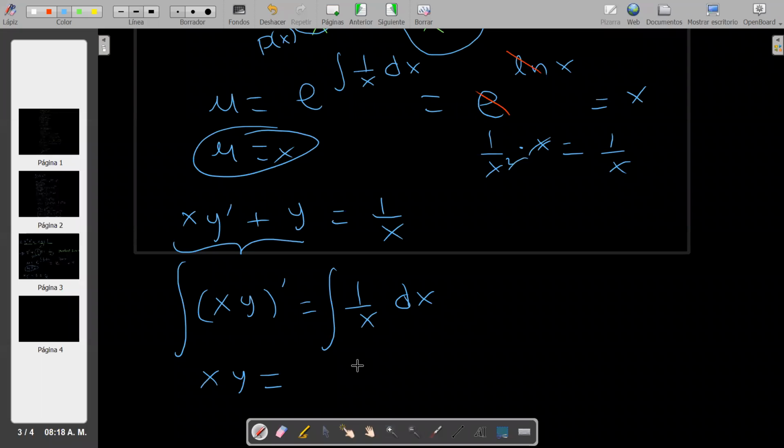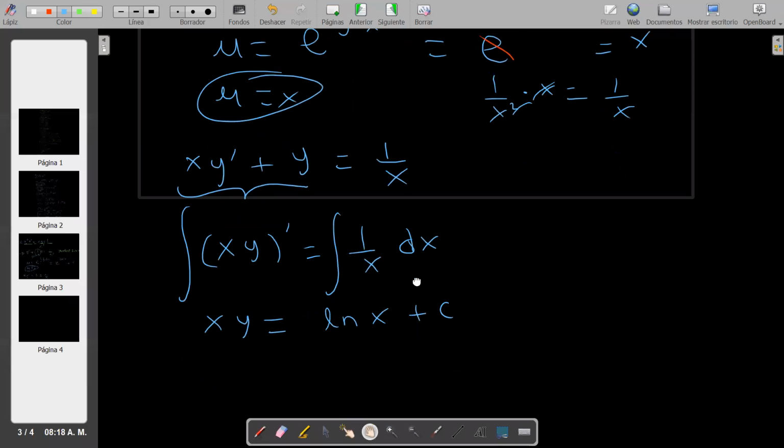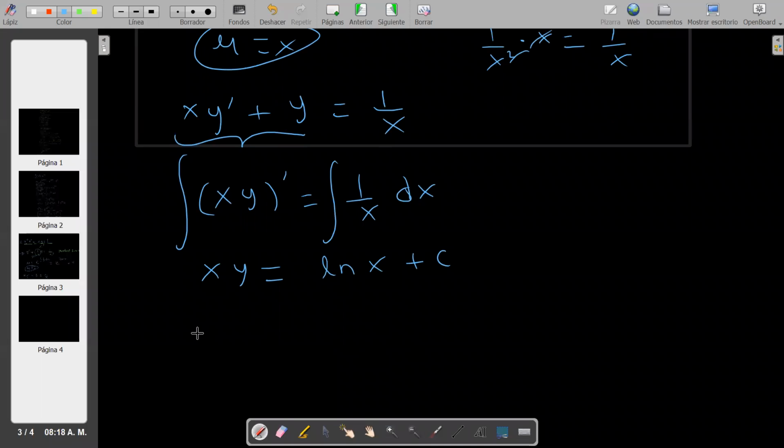And the integral of 1 over x is equal to what? Logaritmo de x. Logaritmo natural. Okay, and here we must write the constant, of course. And then we just solve for y. We will have something like 1 over x times log of x plus c over x.